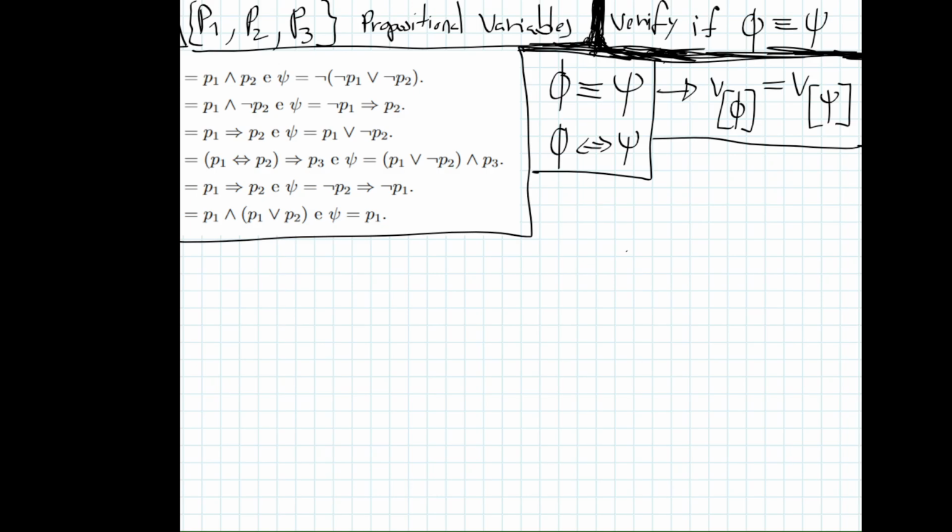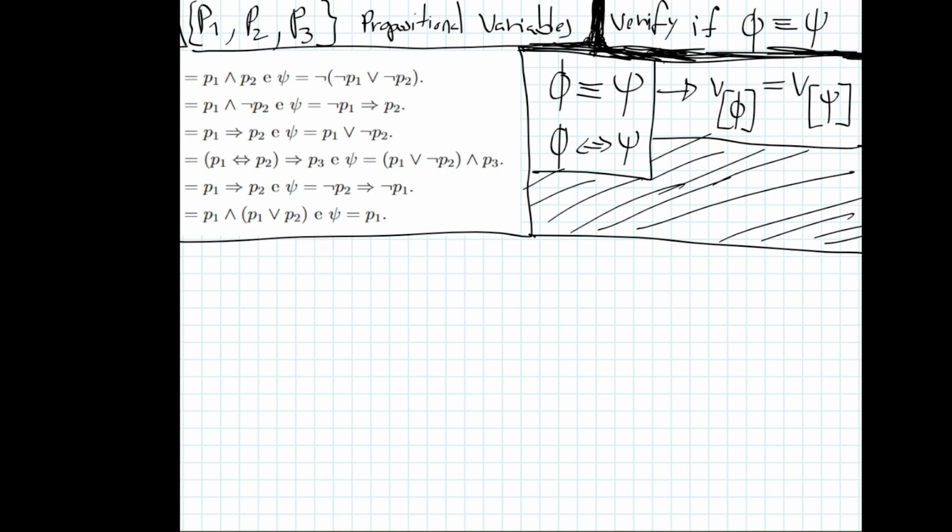Therefore, the equivalence indicates the same result and different semantic valoration. Okay, so that's one of many confusions cleared up. Let's begin.